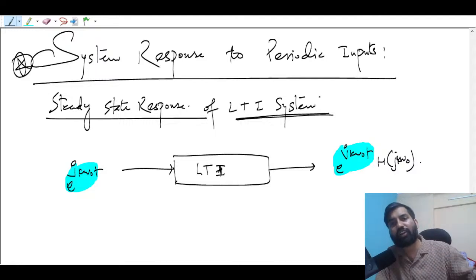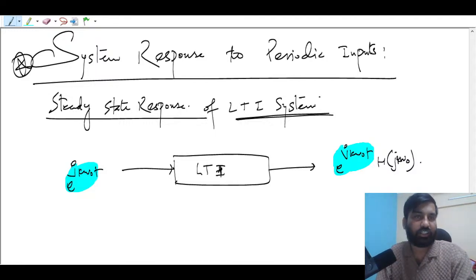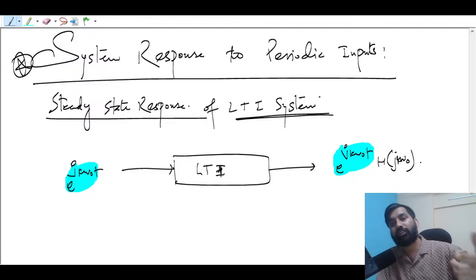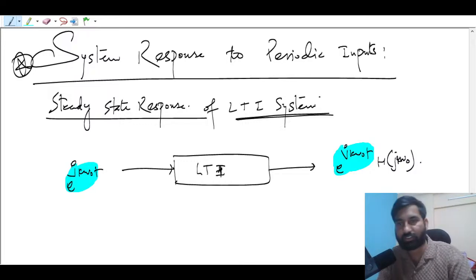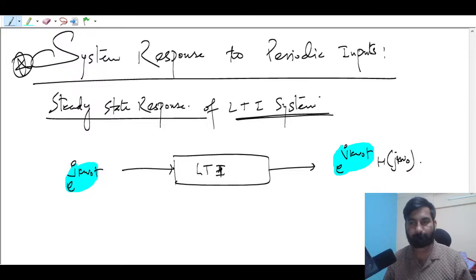So the response of an LTI system to the harmonic e raised to power j k omega naught t is also a harmonic only, but you have to multiply by the eigenvalue which is H(k omega naught), at the input frequency. So you have to find the magnitude as well as the phase, and that is determined by the system H(omega), right.